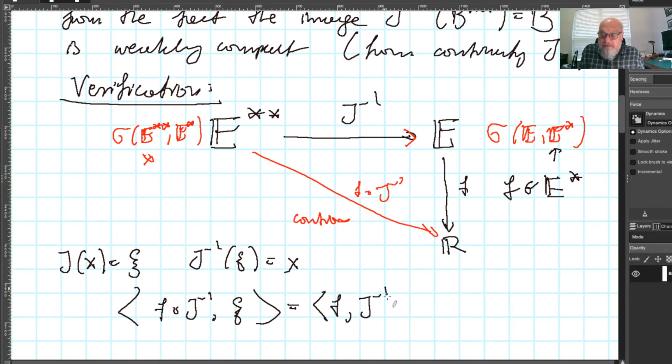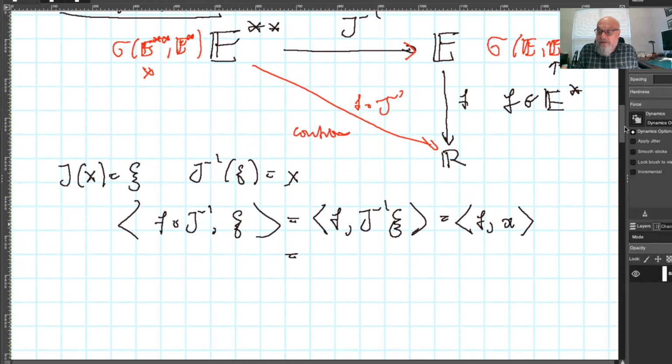F composed with J minus 1 of psi is the same as F on x. And clearly, what is F of x?